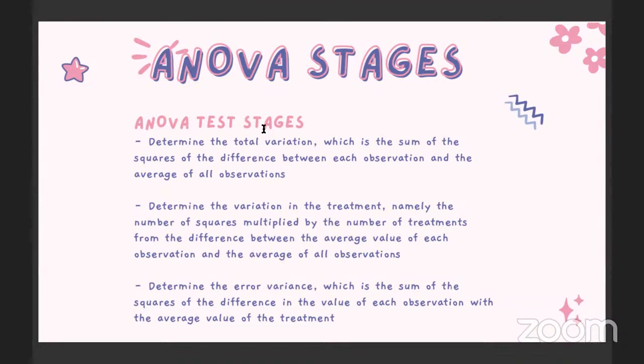Determine the variation in the treatment, namely the number of observations multiplied by the squares of the difference between the average value of each treatment and the average of all observations. Determine the error variance, which is the sum of the squares of the difference between the value of each observation and the average value of the treatment.